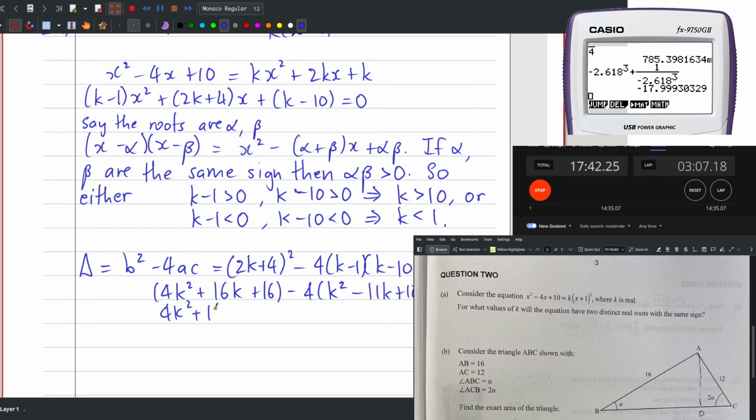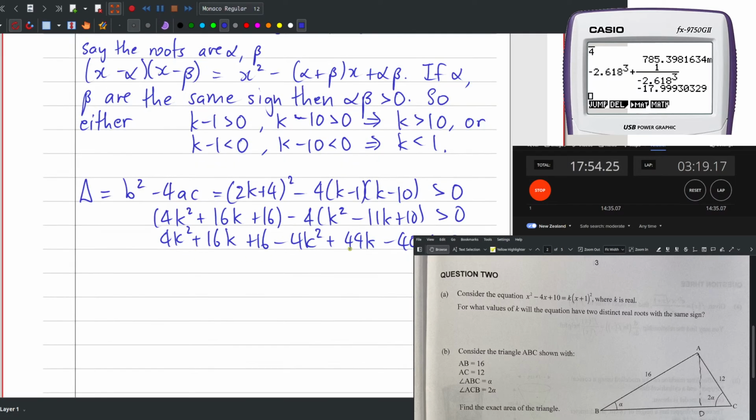And stuff seems to cancel, which is nice, I guess. So this cancels with this, and then so you get 60k minus 24 is greater than 0. So k is greater than 0.4.